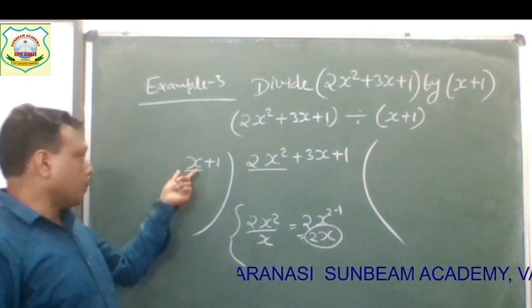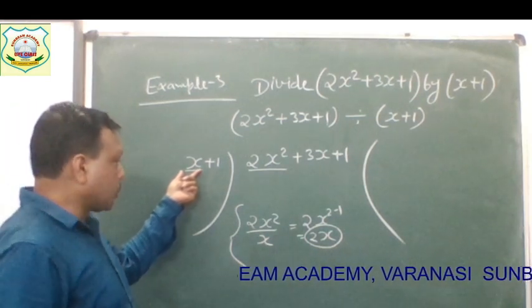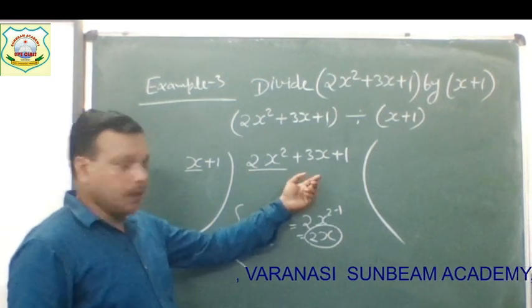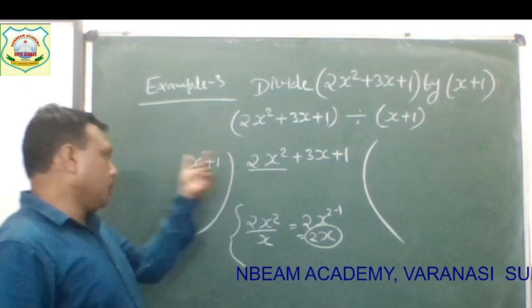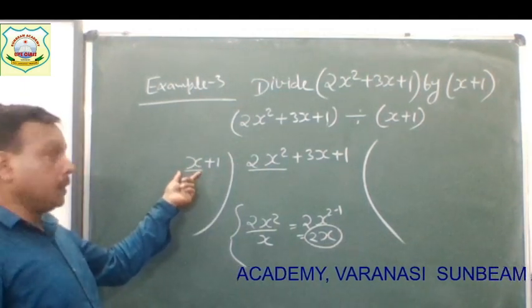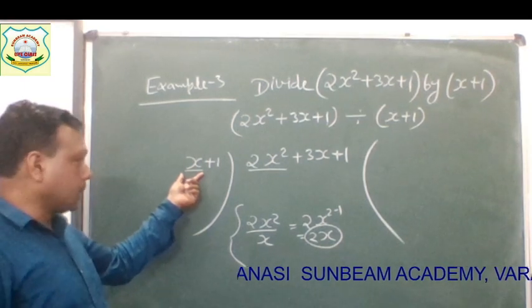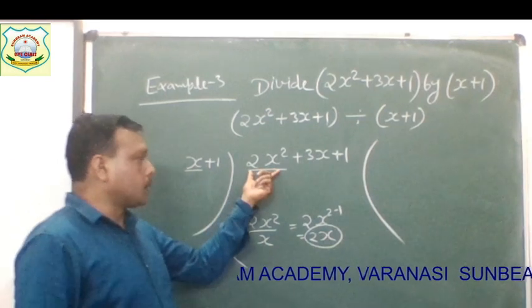We should try that whatever value is written here should come equal to the first term of the dividend. It's always the first value equal to this one. Means we have to multiply whatever value is given here. X is given, so what will multiply with x so that the value equals 2x square?